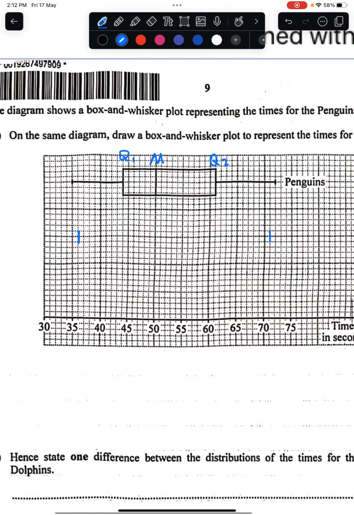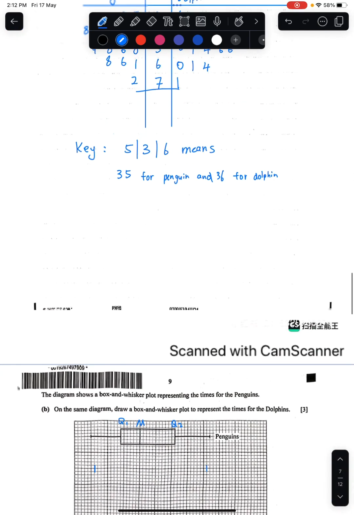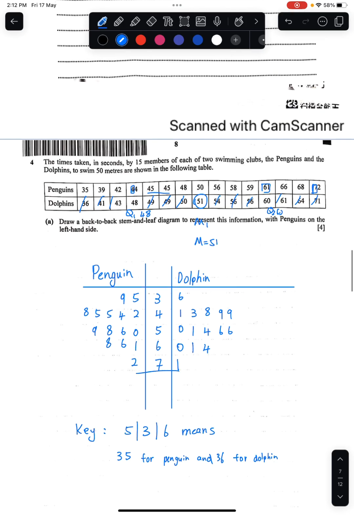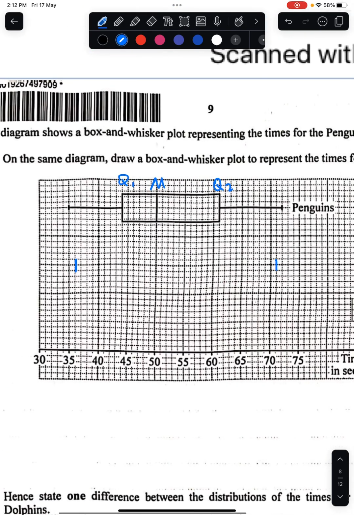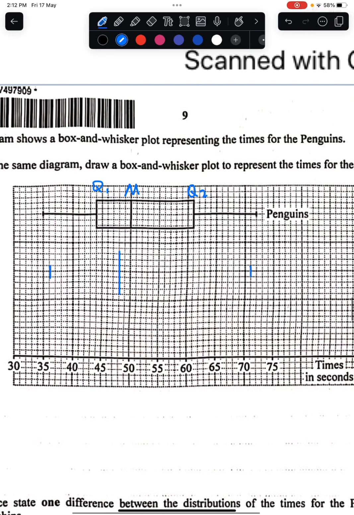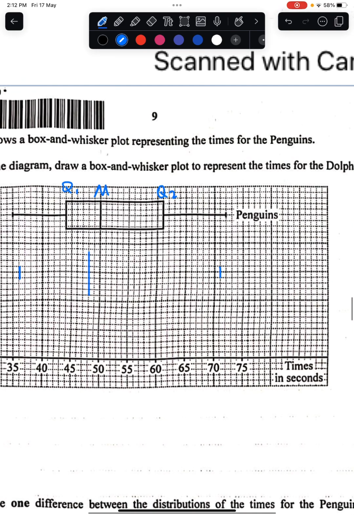Draw the box, with a longer line at 48 and 60, and close it off.